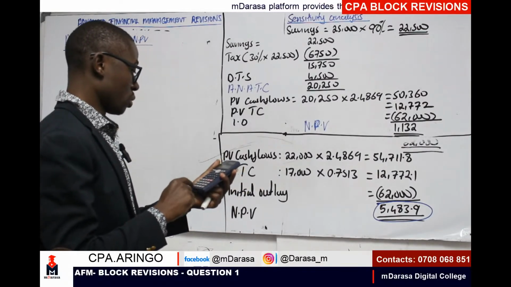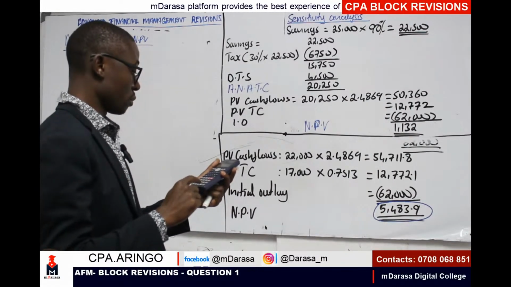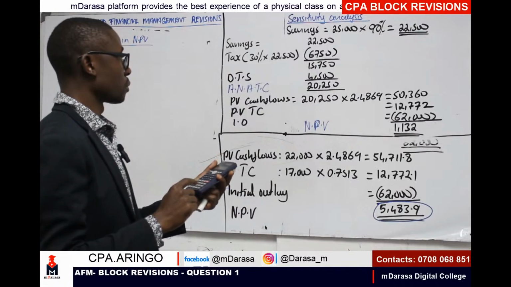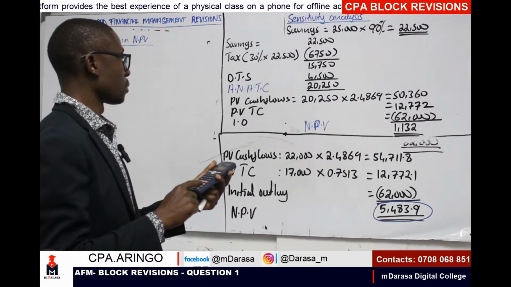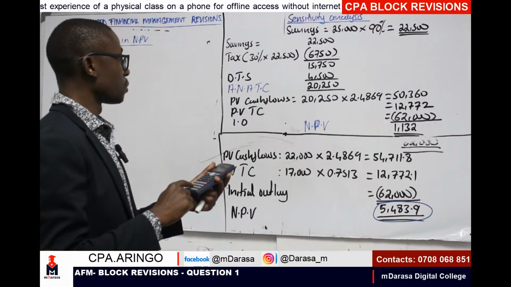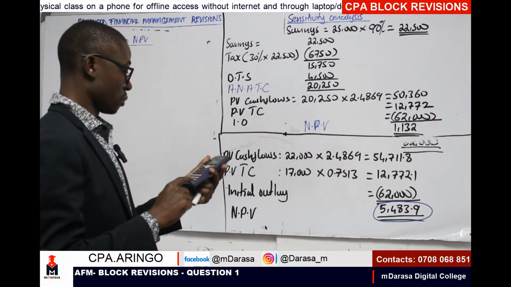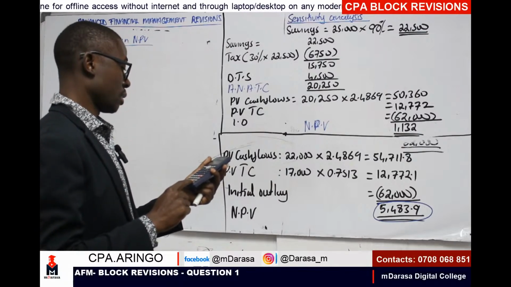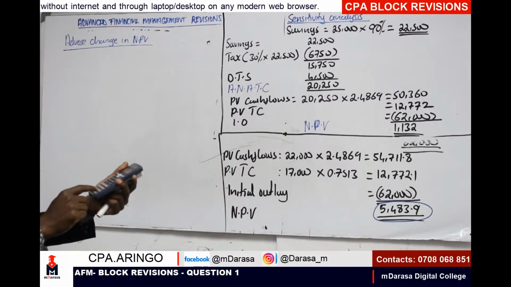So we are having 2.49. So that should give us 1,132, the one that we determined there.